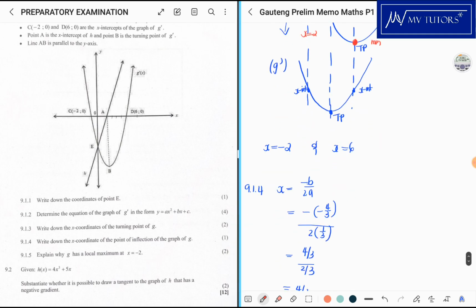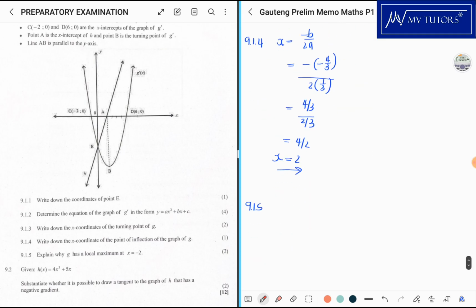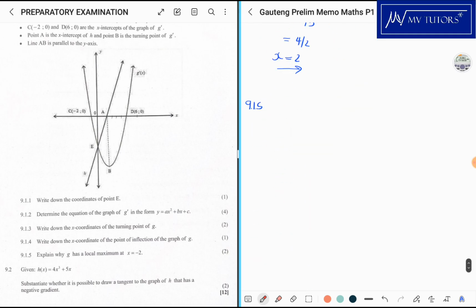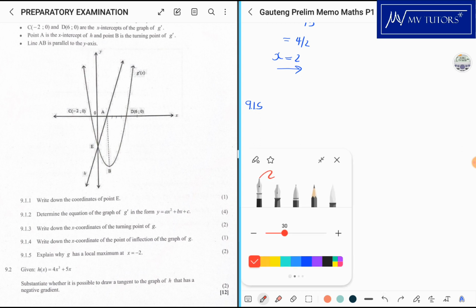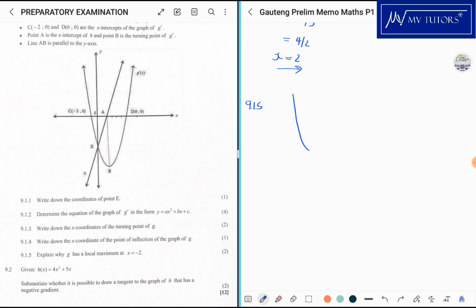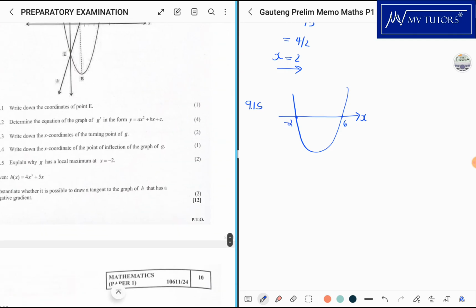So they're asking, explain why g has a local maximum at x is equal to negative 2. Let's say we didn't know how the cubic function looks. All we have is a parabola, with x-intercepts at minus 2 and 6.